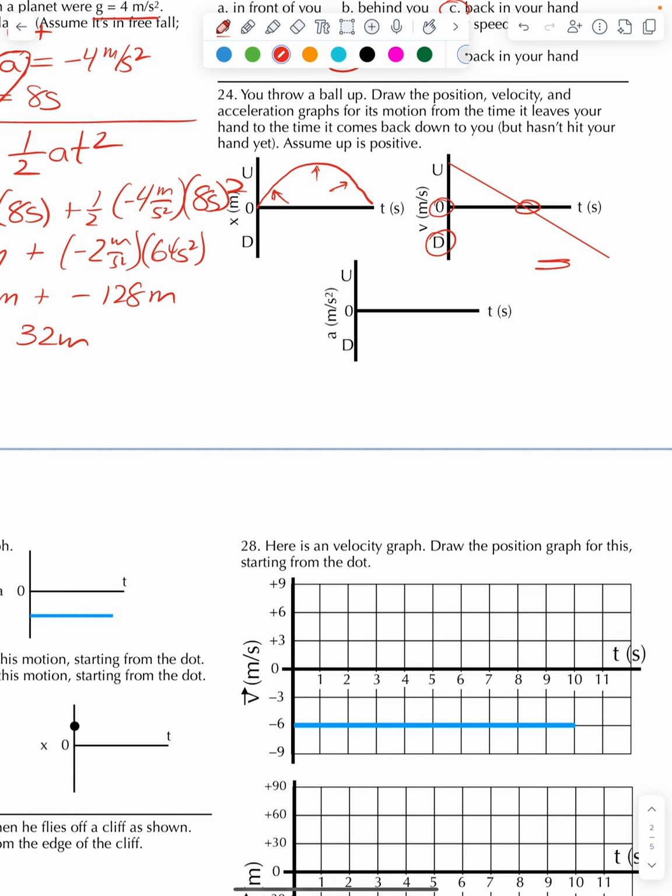It's constant, but is it up or down, positive or negative? Well, the slope is negative, or down, because we're heading in the down direction. So the acceleration is down, but it's a constant acceleration. So it would look like that. And in fact, if we're on Earth and there's no air resistance, this value right here is negative 9.8 meters per second squared.